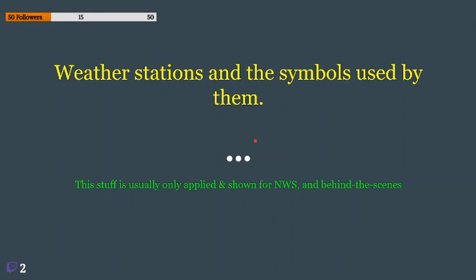So this is going to be a stream on weather stations and the symbols that are used by them. Big note here is that this stuff is primarily used behind the scenes of a lot of weather stations, almost any local news station, and is usually only shown and applied by the NWS, usually not by anyone else.